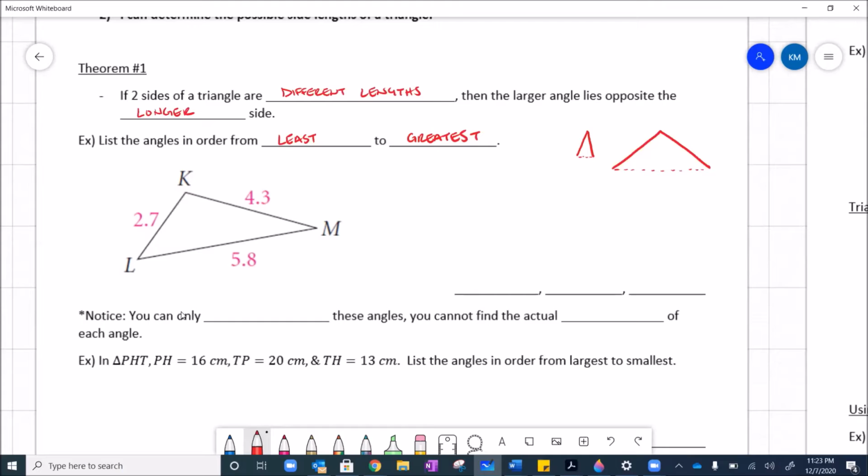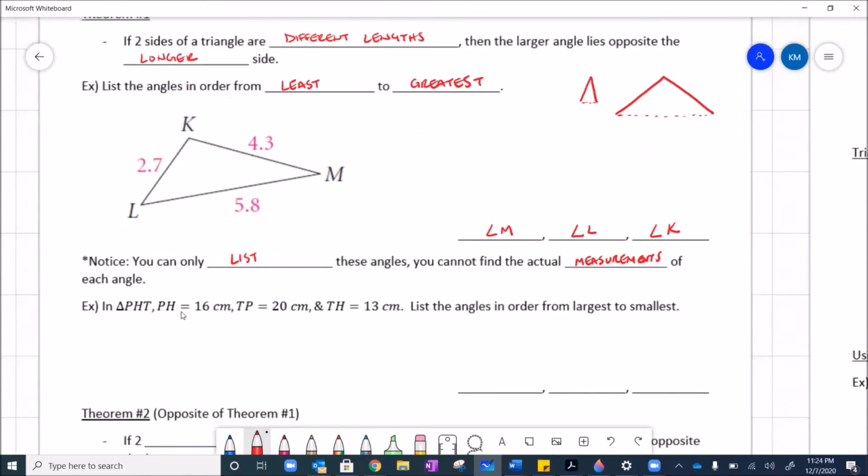Its corresponding angle is M. Our second shortest side is KM, and the corresponding angle is L. Our longest side is LM, 5.8, and its corresponding angle is K. Notice you can only list them. You can't find the actual measurements, not with this information. We can organize them, but we can't say M has to be 27 degrees. We don't know that at this point.